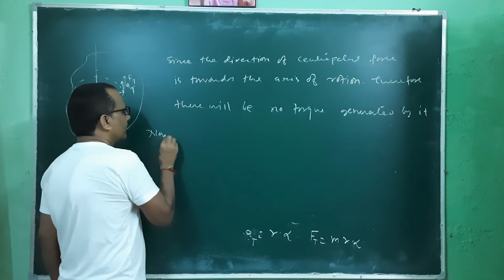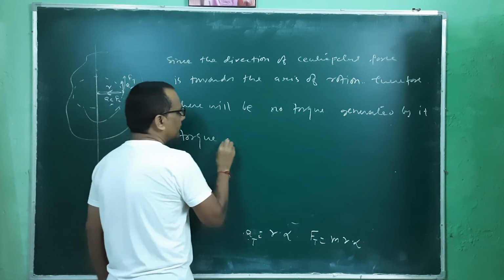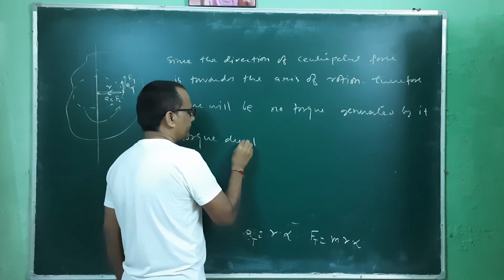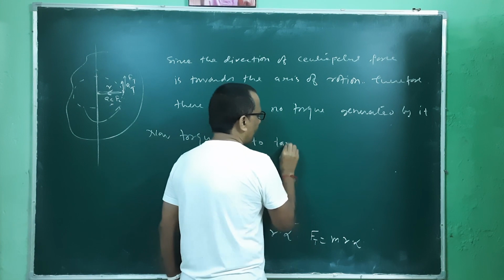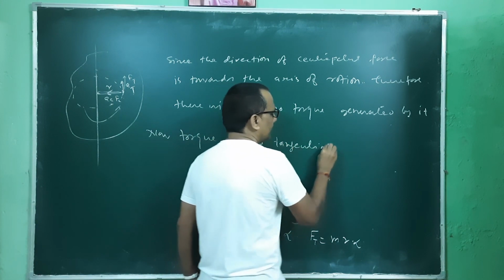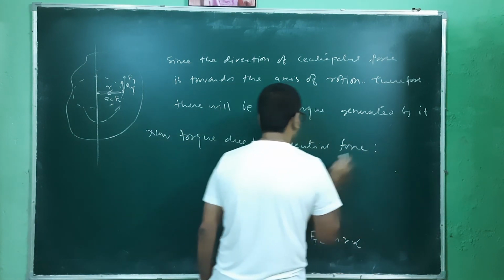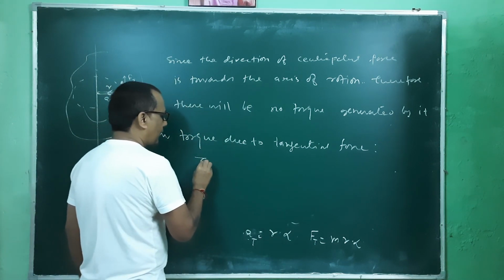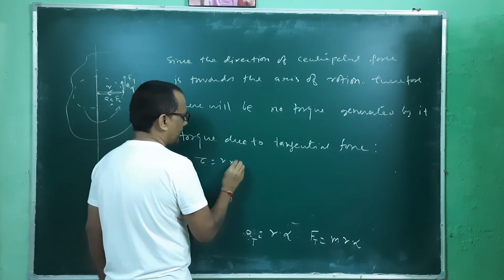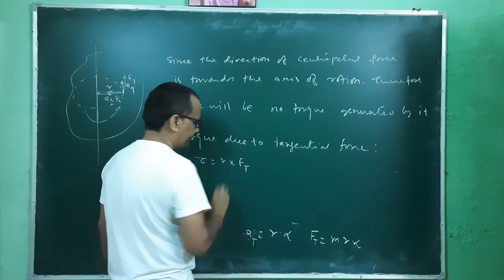Now, the torque due to the tangential force, that is tau, is equal to R cross FT.